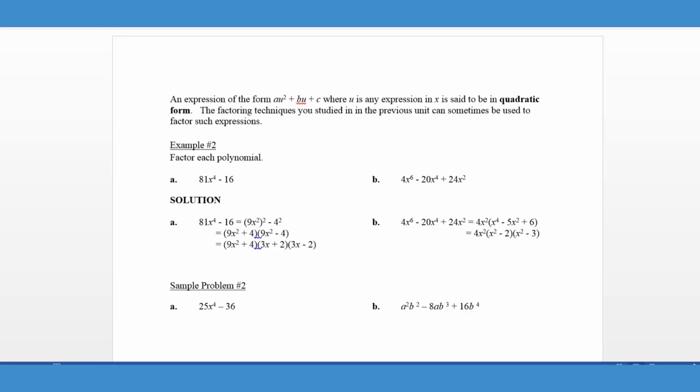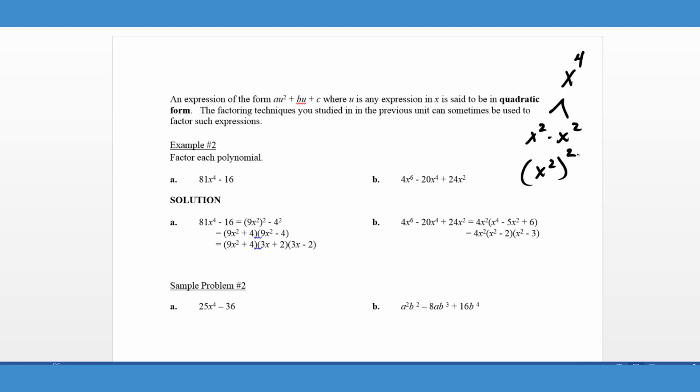The next set of factoring problems that we're going to work on should look somewhat familiar, as they're in a quadratic form. So when you see an even degree polynomial, what you'll notice is that even degree polynomials can be factored similar to quadratics. So if we have something like x to the fourth, that breaks up into x squared and x squared, which is just simply x squared, squared.